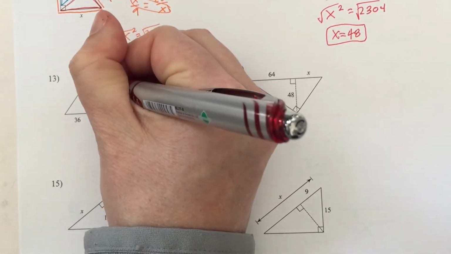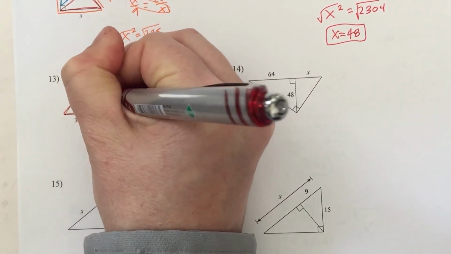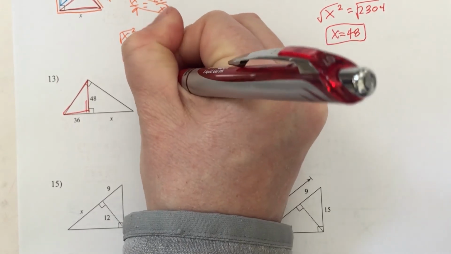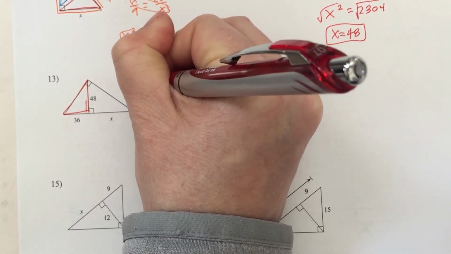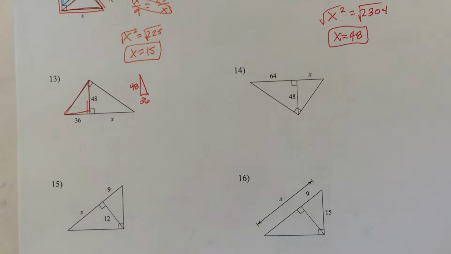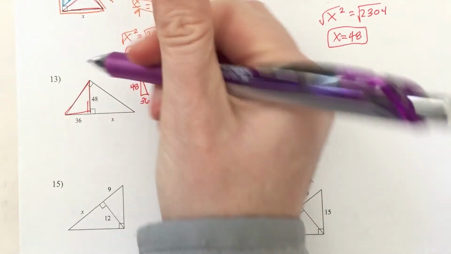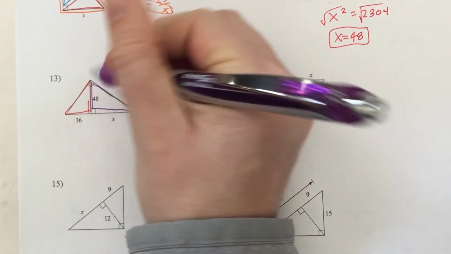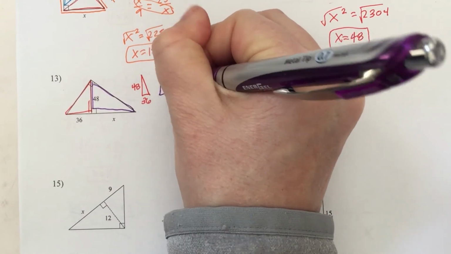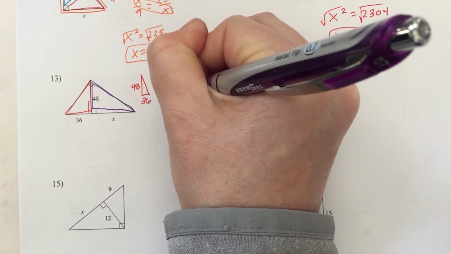13. I have this triangle on the left. My longest side is 48. 36 is the short. On this triangle, I have x is the long side and 48 is the short.